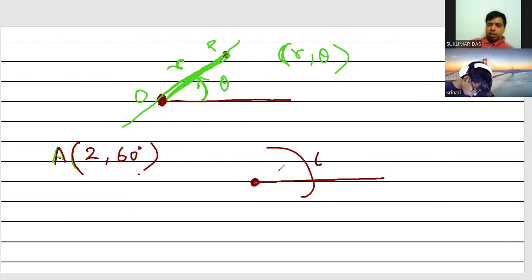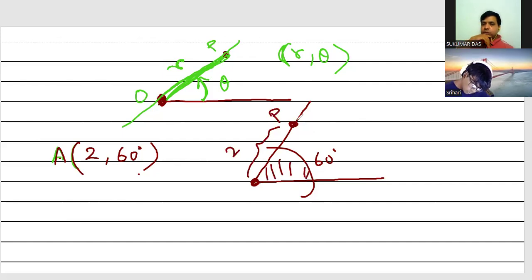Draw 60 degrees, just take a 60 degree angle. Cut at this one. So let's say this is the point P, which is 2 units away, and this angle is 60 degrees. So this is how we represent the polar coordinates.